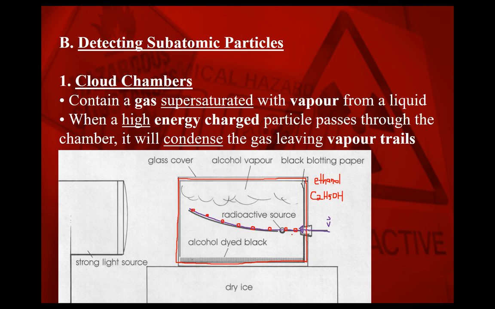Now, I'm going to give a bit of an explanation as to why this happens. I don't know if this is the complete correct explanation, but I asked Miss McRory about what she thought would be a good explanation for how a cloud chamber works, and this is what I got, and I trust her. So for a cloud chamber, let's say that it's made up of ethanol.